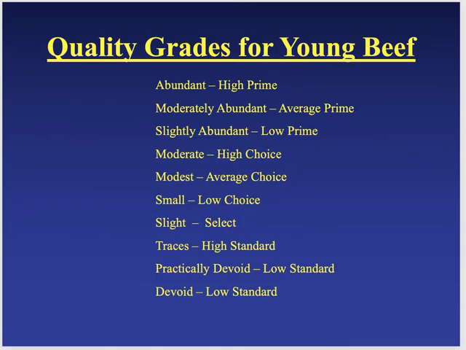So as we look at quality grades and we have that marbling score, this is how everything kind of equates out. If we're looking at abundant, that's going to be our high prime, our best of the best. If we look at the devoid, we're going to look at the low standard. We also notice that within each grade, there's a high, average, and low in some instances, and in some it's just select, or even high standard, low standard.